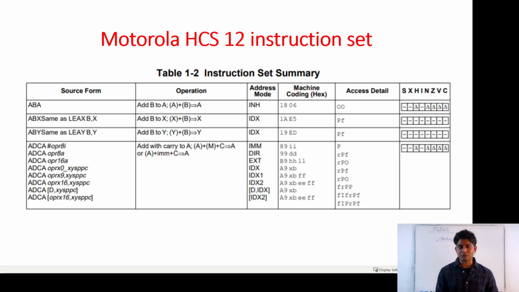So 1806 is the actual machine code that will be written in the program memory of your microcontroller. That means in binary it would read as 0001, 1000, 0000, and then 0110. So that's the binary code corresponding to this instruction that will be stored in the program memory. Okay, and then you have other instructions as well.